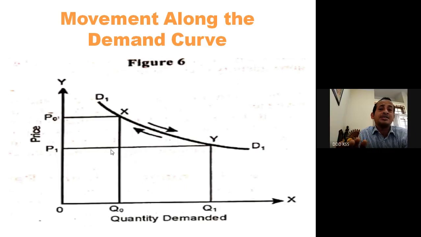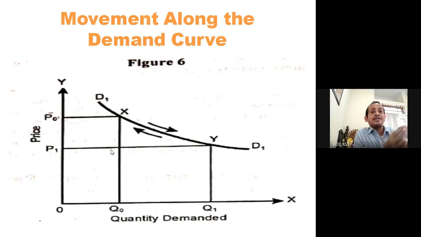Inverse relationship means if price increases, demand decreases; if price decreases, demand increases. This we know based on the law of demand. Now sometimes different things also happen. These things you will understand through the movement along the demand curve.